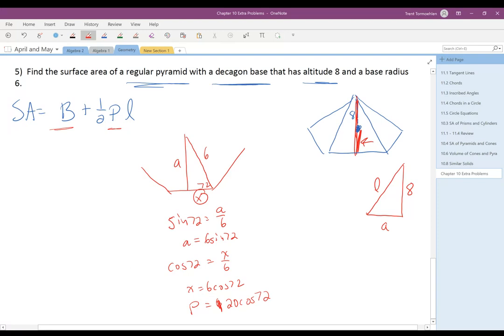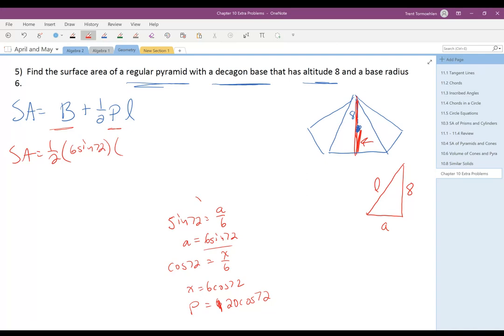So now looking at our formula here, it's going to be the area of the base, which is 1/2 AP, A is 6 sine 72, P we found out to be 120 cosine 72, plus 1/2 times that perimeter, 120 cosine 72, times L.